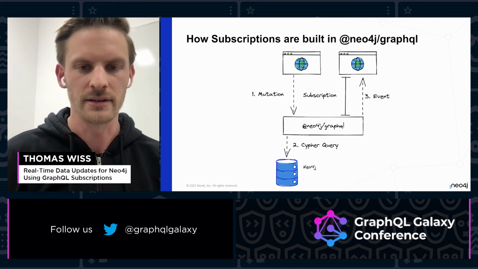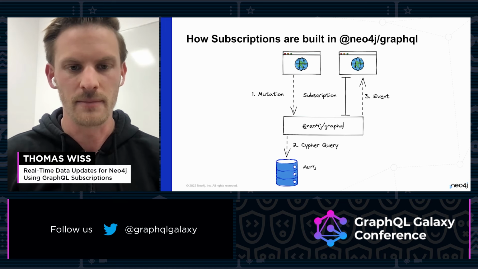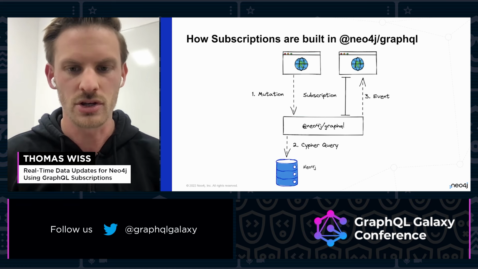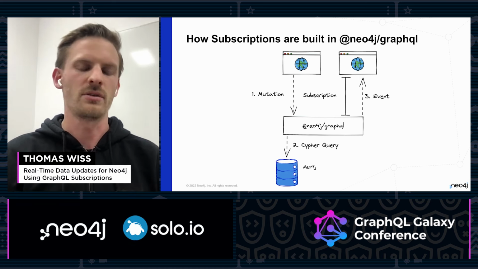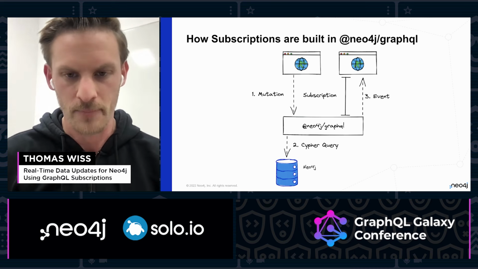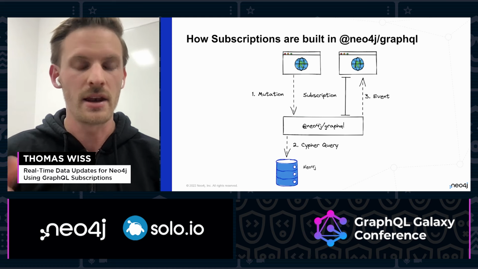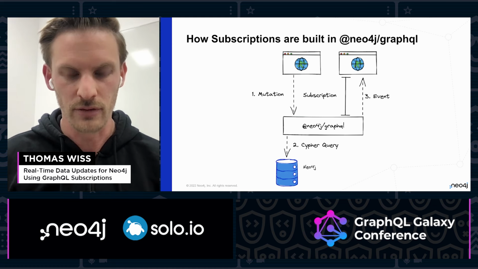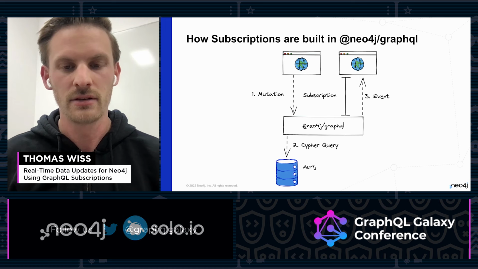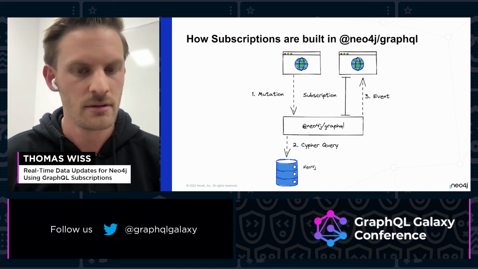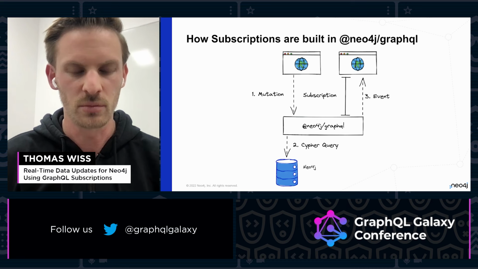And then another client, the one on the left-hand side, sent a mutation. Think of creating a movie, right? It gets translated to a Cypher query on the fly in the Neo4j GraphQL library, gets executed against the database, and then it comes back to the library, which then informs all the subscribed clients that this event happened, right? Pretty straightforward to this point.